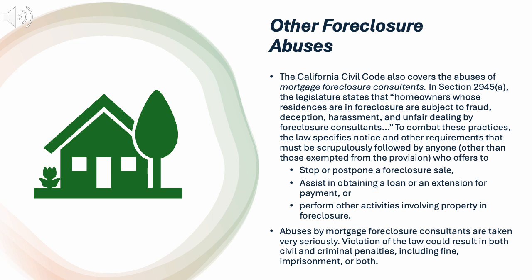To combat these practices, the law specifies notice and other requirements that must be scrupulously followed by anyone, other than those exempted from the provision, who offers to stop or postpone a foreclosure sale, assist in obtaining a loan or an extension for payment, or perform other activities involving property in foreclosure. Abuses by mortgage foreclosure consultants are taken very seriously. Violation of the law could result in both civil and criminal penalties, including fine, imprisonment, or both.